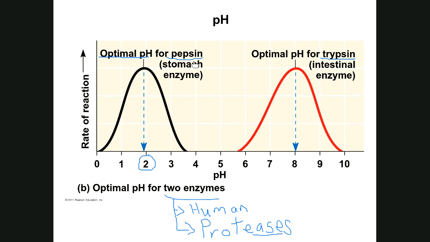The problem is the content in your stomach, as it's being digested, eventually is moved into your intestines, specifically the small intestines. What happens in the small intestines is that the pancreas releases digestive enzymes into the small intestines that don't like this acidic pH. They don't do well.